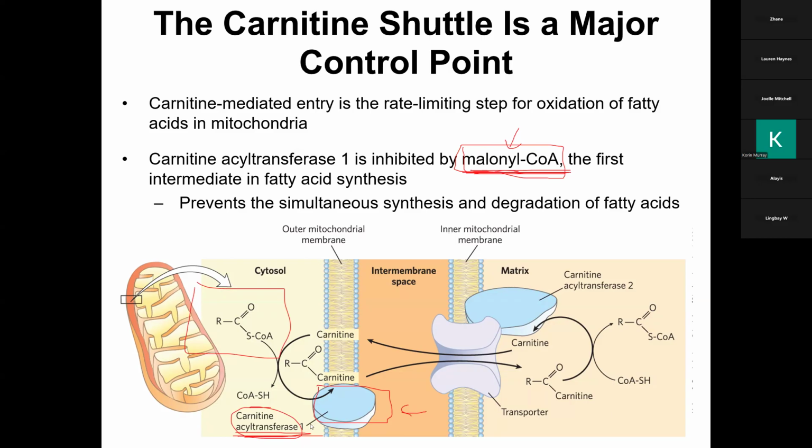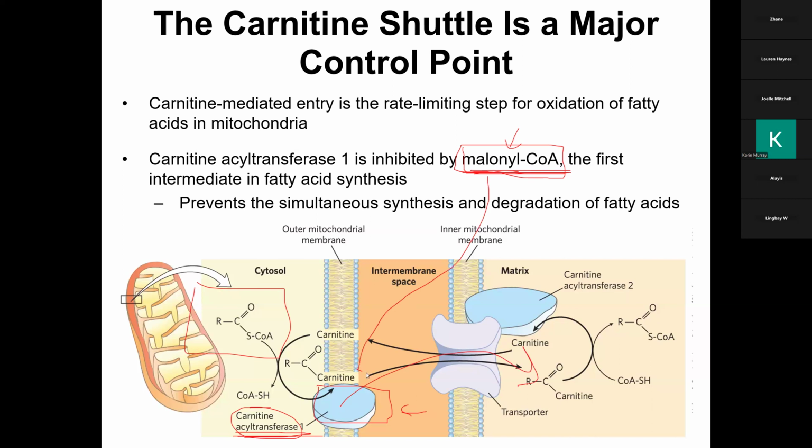So malonyl CoA is the first step of turning sugar into fat, signaling that your body is trying to turn sugar into fat, that we don't want to burn fat right now. So let's inhibit the step of taking fat and putting it into the mitochondria to burn it and utilize it.